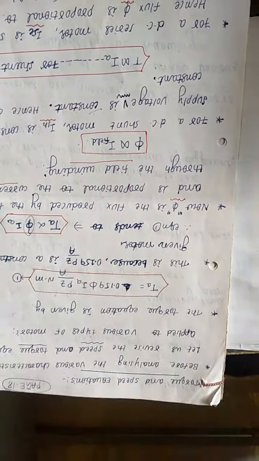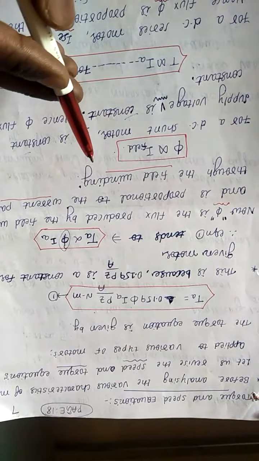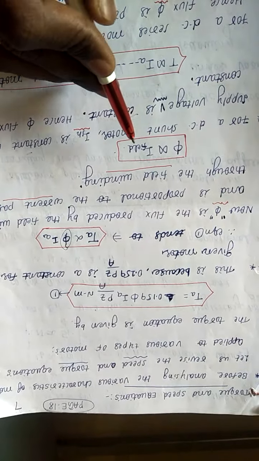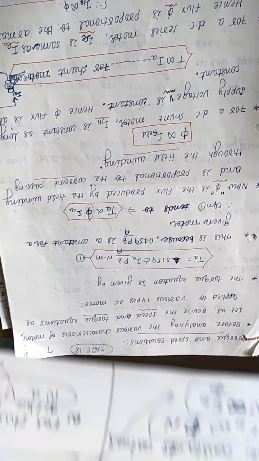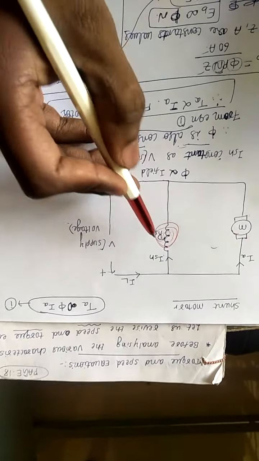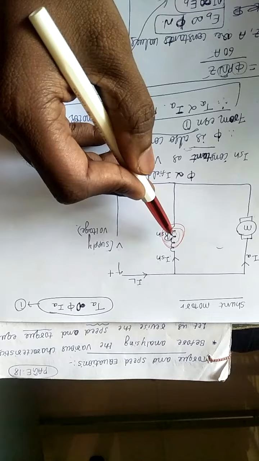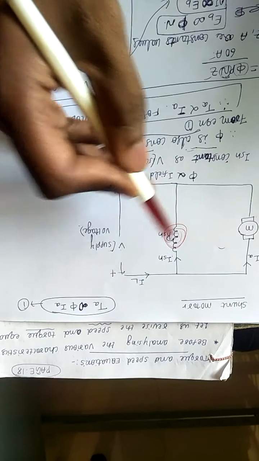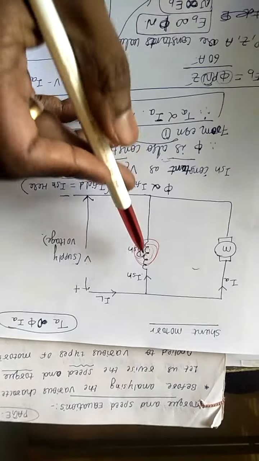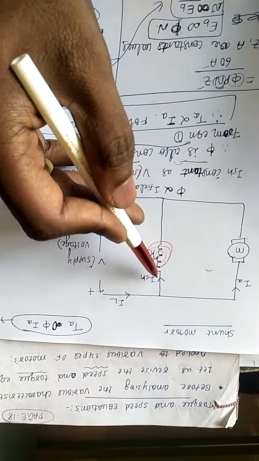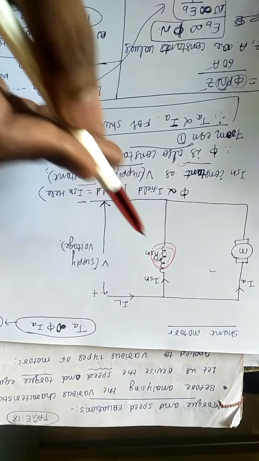So what I can write here: the produced flux is directly proportional to the current passing through the field winding.